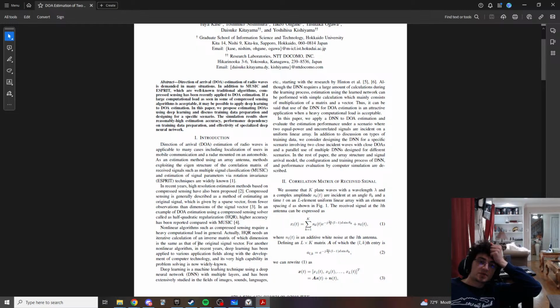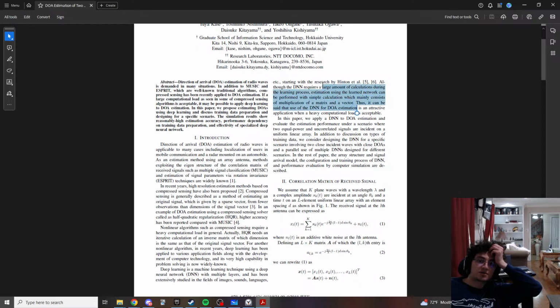Deep learning uses a developed deep neural network with multiple layers and has been extensively studied in the fields of images, sounds, languages, etc. Large amount of calculations. Estimation using a neural network can be performed with simple calculation, which mainly consists of multiplication of a matrix and a vector.